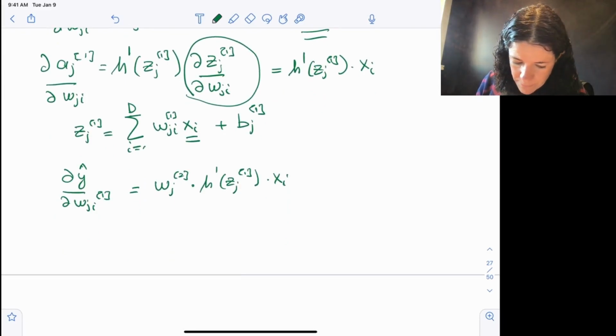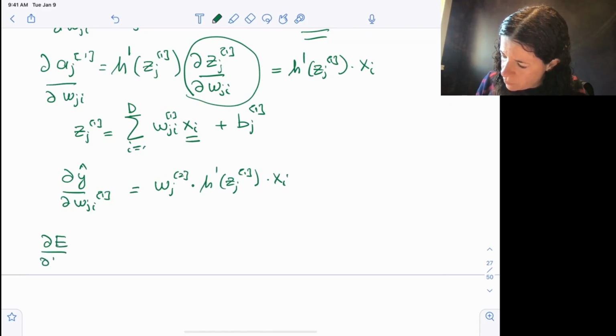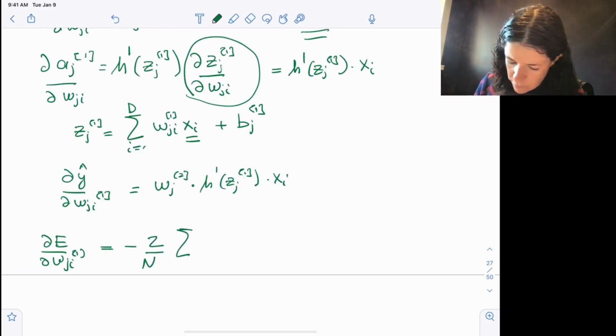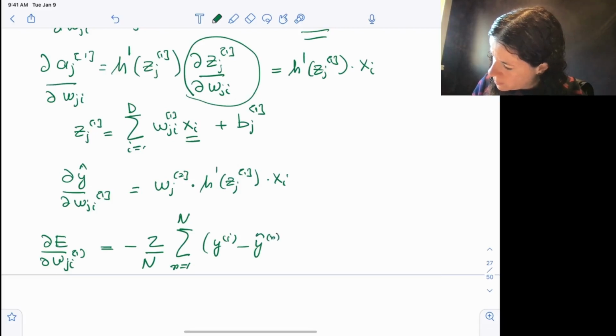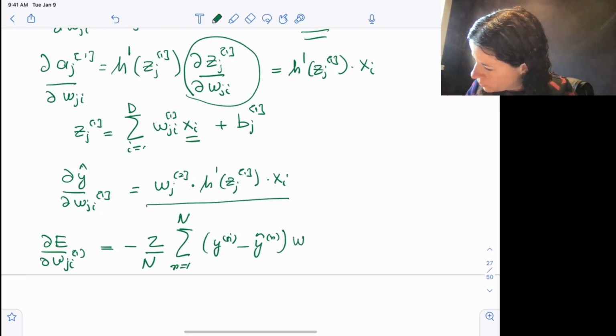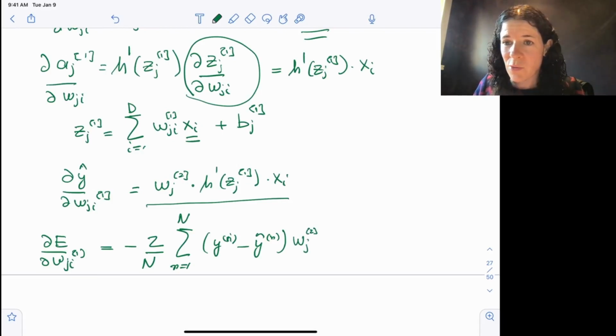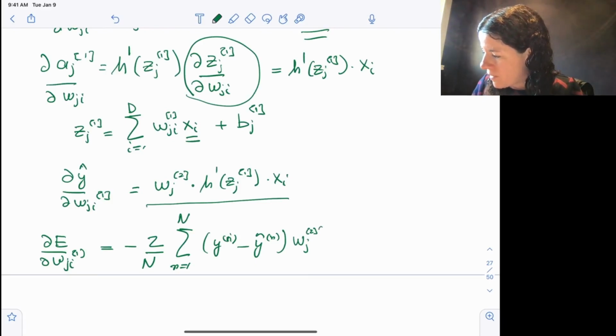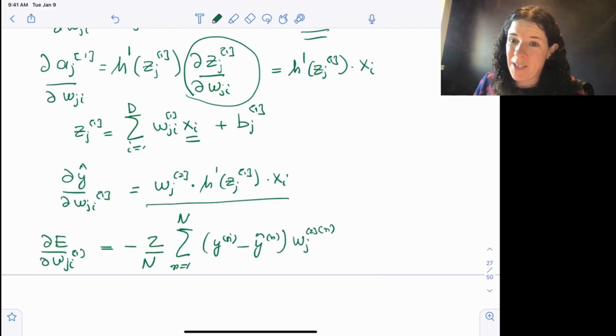So dE/dw_ji^(1) is going to be minus 2 over N, the sum over small n equal 1 to large N of y_n minus ŷ_n, and then we're just going to plug this in: w_j^(2), and this is the complicated part, evaluated on the point n.